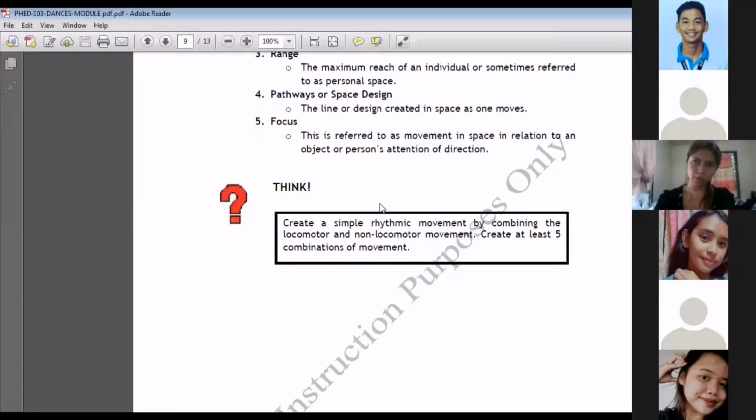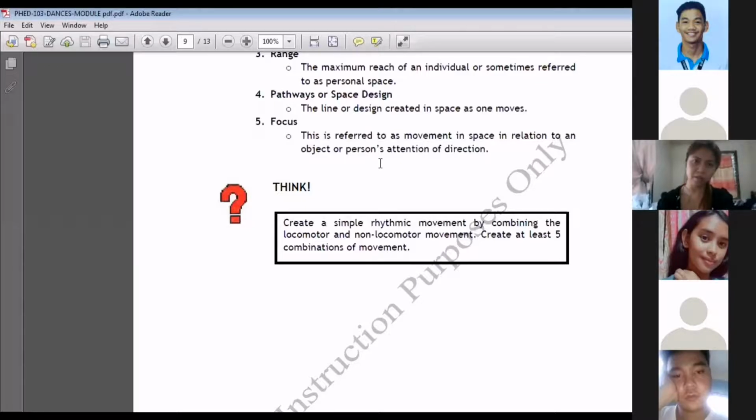Better performance, ma'am. Bakit better performance? Basing from the definition itself, bakit better performance kung may focus ka? Ma'am, to avoid unnecessary mistakes. Like what mistake would you be incurring if you don't follow the element of focus?